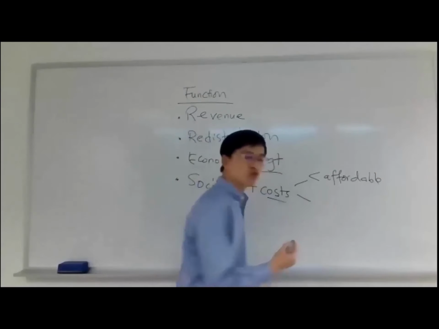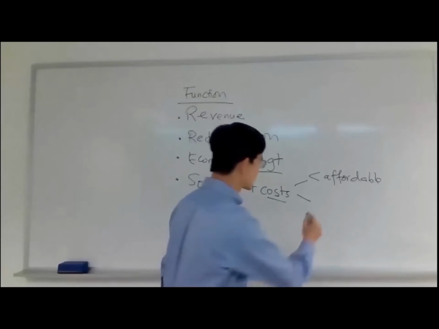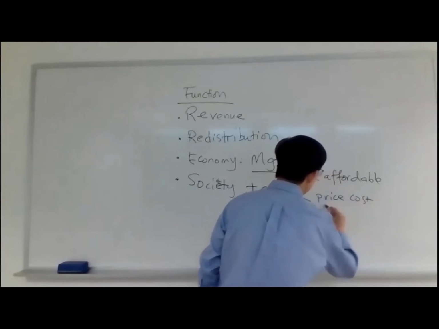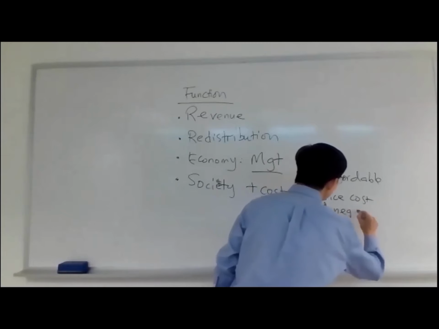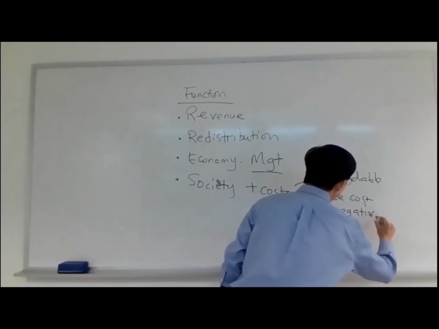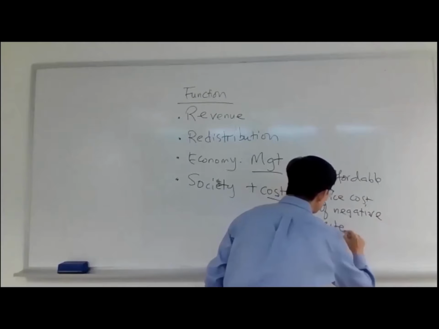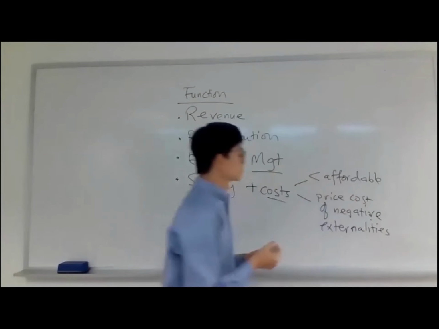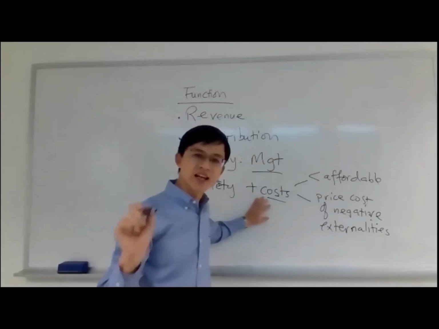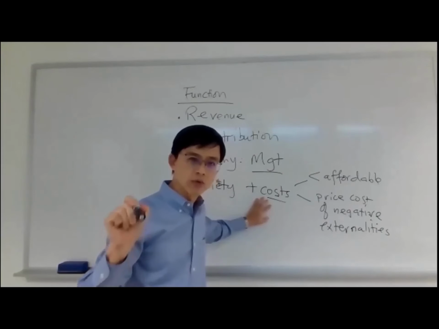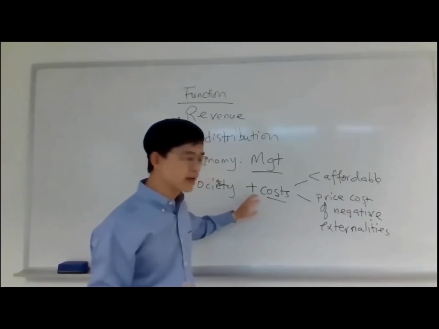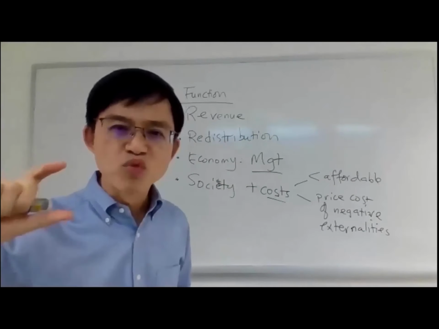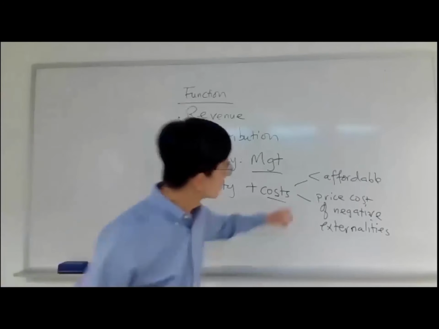Next, you try to price the cost of negative externalities. So basically, when you add a tax to tobacco or to alcohol, you're basically trying to design a tax which reflects two things as a primary goal.